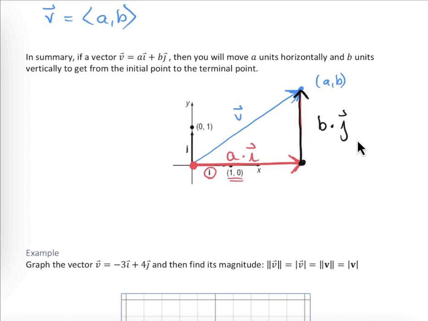Now let's consider, if we look at a times vector i and we want to add that to b times vector j, then we've got it situated where the initial point of a times i is at the origin, ending at this point here, but the initial point of b times j is at the terminal point of a times i.